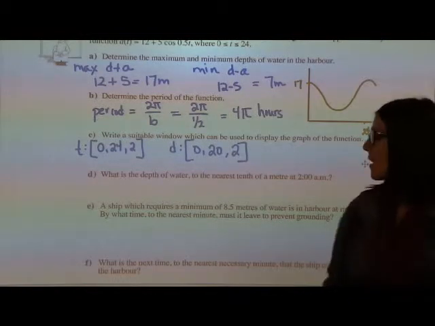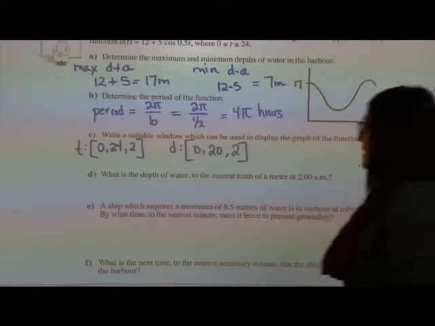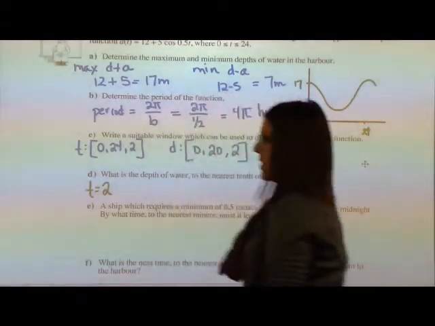There. So the question is, what is the depth of the water to the nearest tenth of a meter at 2 a.m.? How would I determine the depth at 2 in the morning? Let t equal 2. And then what would I do?